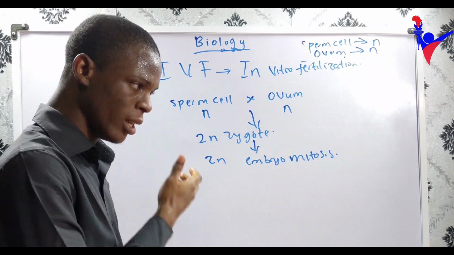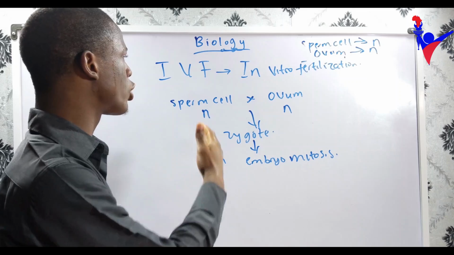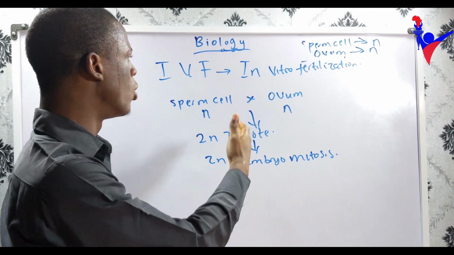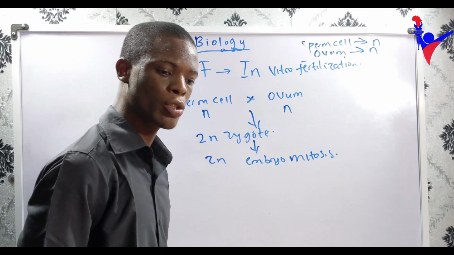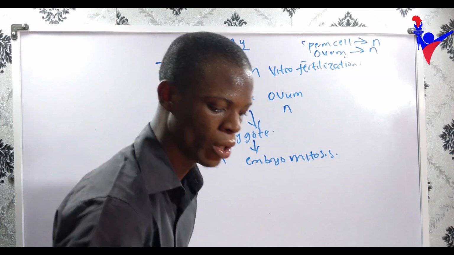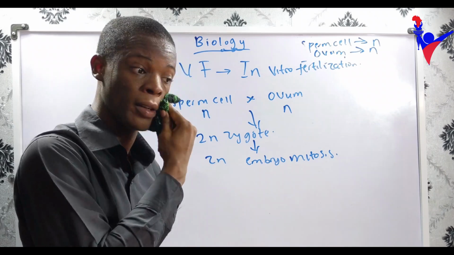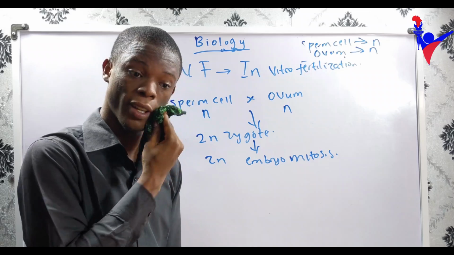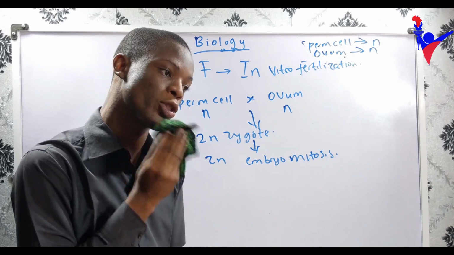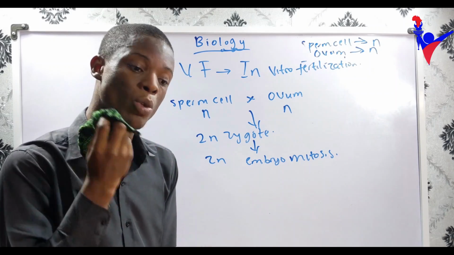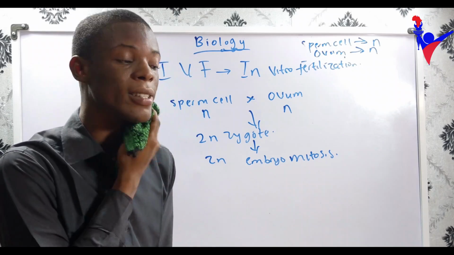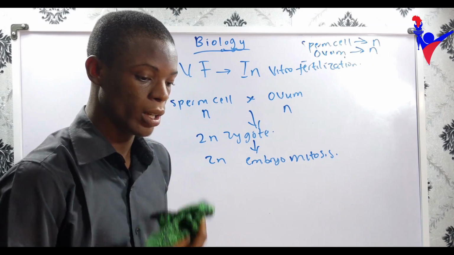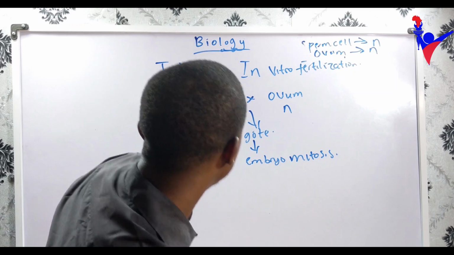Alright, back to what we are saying. In vitro fertilization. You've seen what we mean by in vitro fertilization. It's a serious business, students. You've got someone that will give you the best in what you need to know about biology.